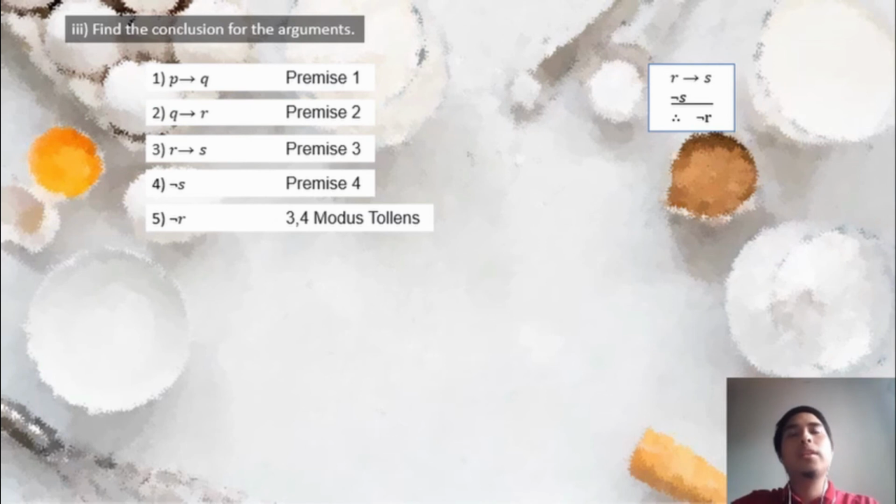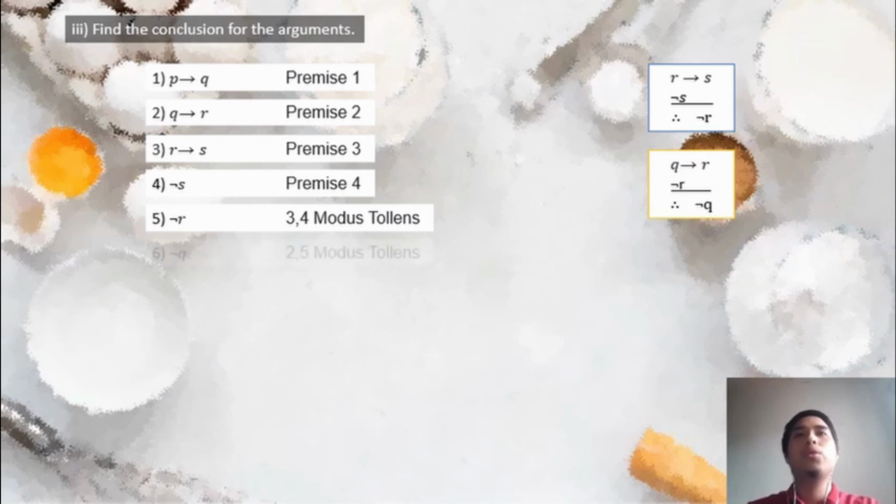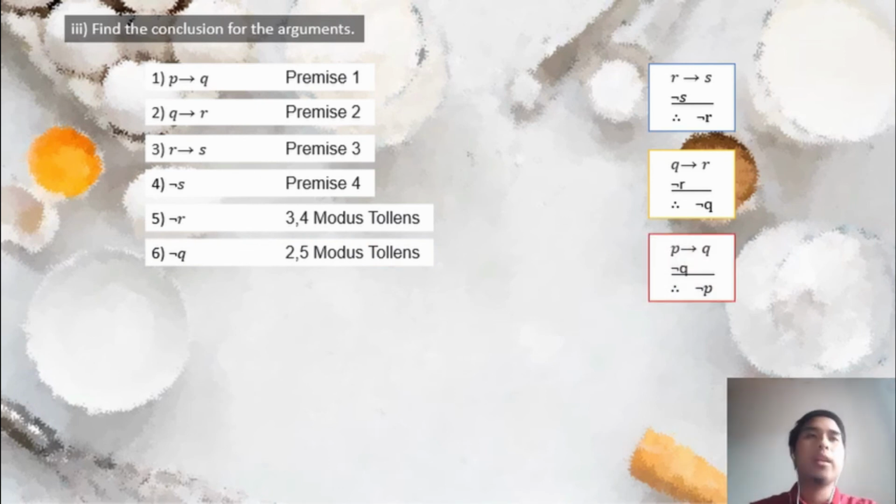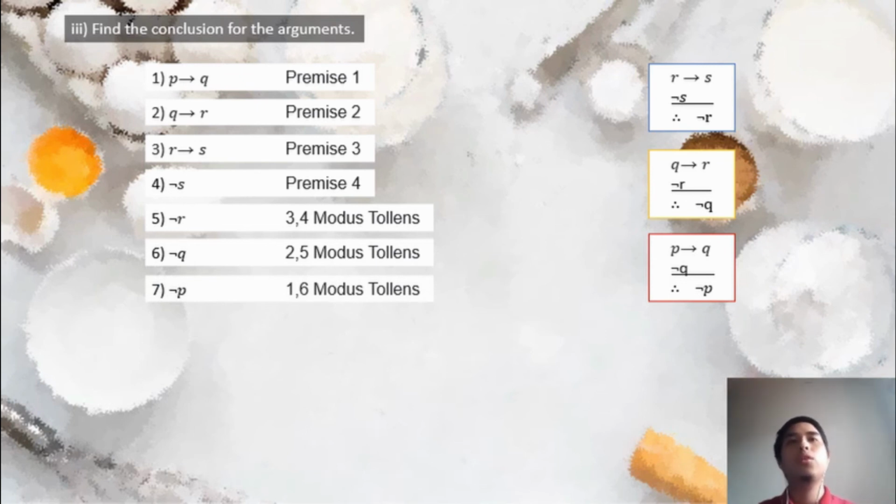Now we take the second premise and the fifth sentence, and we can use modus tollens yet again, and the conclusion will be not Q. Now we can use the first sentence and the sixth sentence, and we can use modus tollens again. The conclusion will be not P.